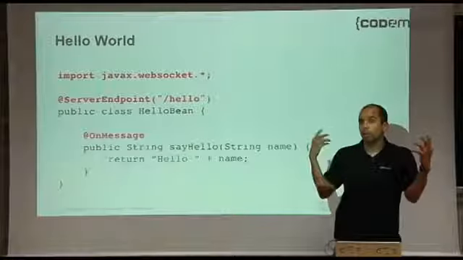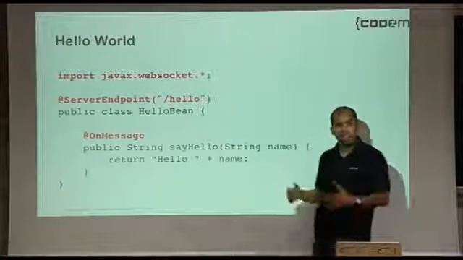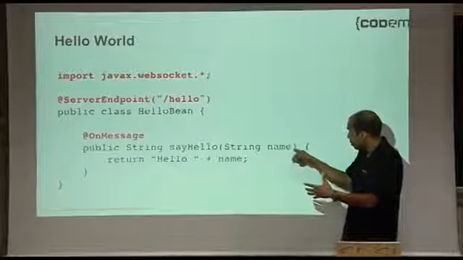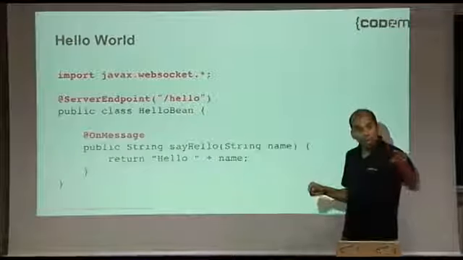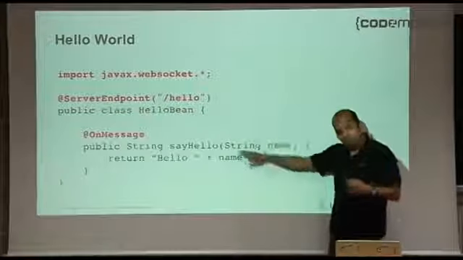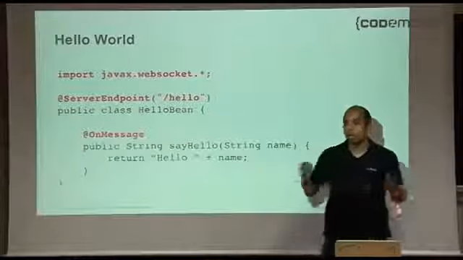I may respond back whenever I want to. There are other design patterns in the WebSocket API which would let you say, for example, here I could say comma Session. That gives me the client which is actually making the request. So let's say I'm going to receive 5 requests. Then to the session, I'll say send the request back, or send the message back.